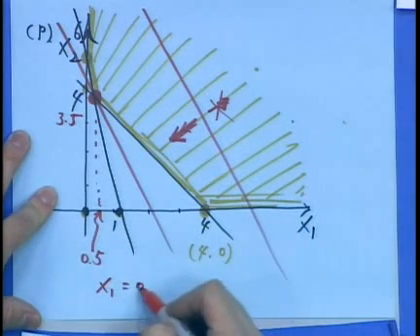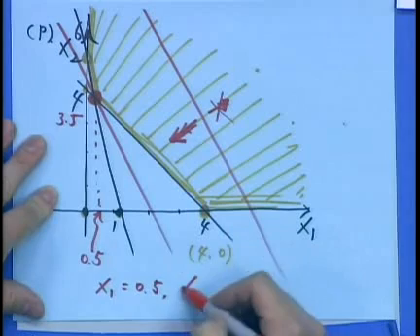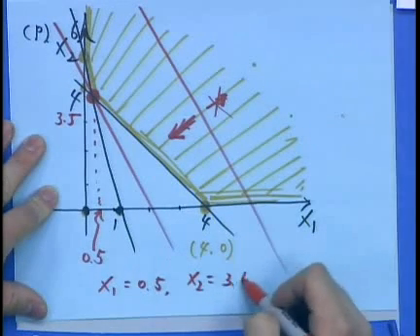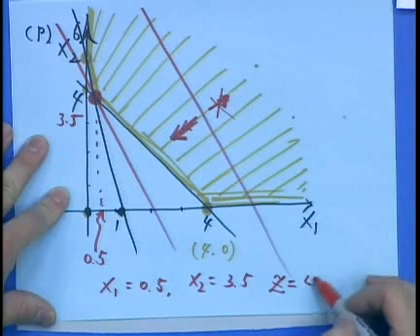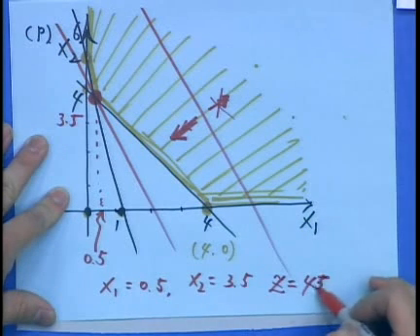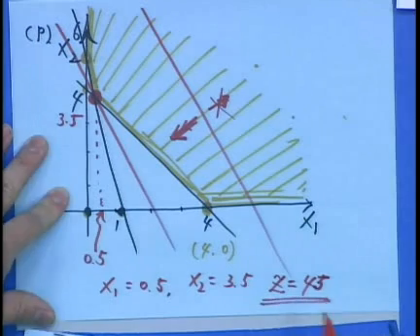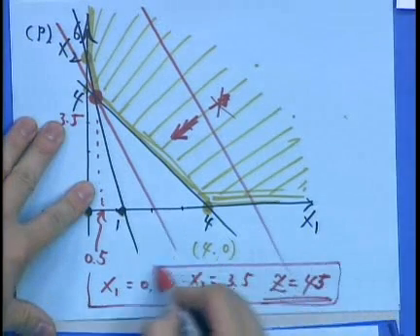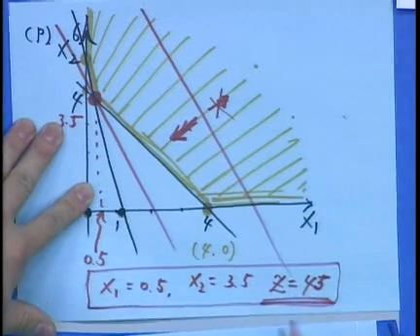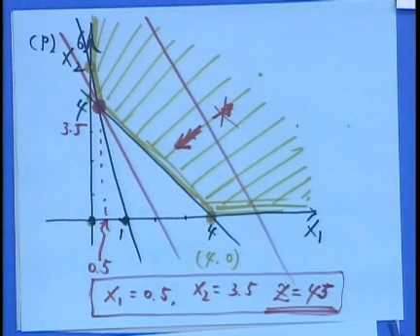So x1 equals 0.5 and x2 equals 3.5 with objective function value 45. Okay, this is the optimal solution with optimal objective function value of 45.